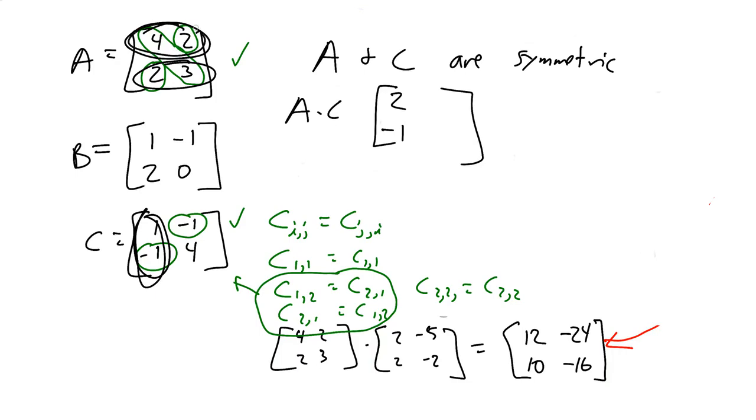Now let's take [4, 2] and dot product it with [-1, 4], and that's going to give us 4. And then let's take [2, 3] multiplied by [-1, 4], and that's going to give us 10, I think. So the thing that's surprising is that that thing is not in general symmetric.